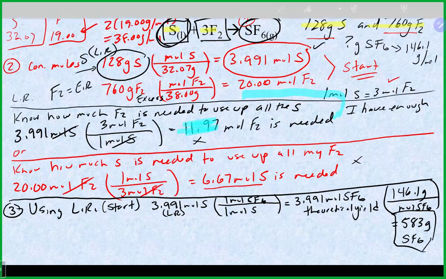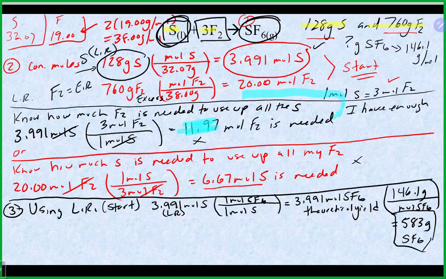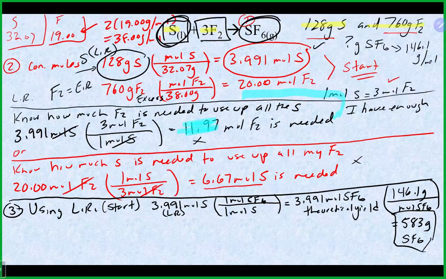So let's just say in this particular problem, we wanted to know how much of our excess is left over. So we could do that because we actually did the calculation we need when we were trying to determine our limiting reagent. We figured out here that the F2 was our excess reagent.